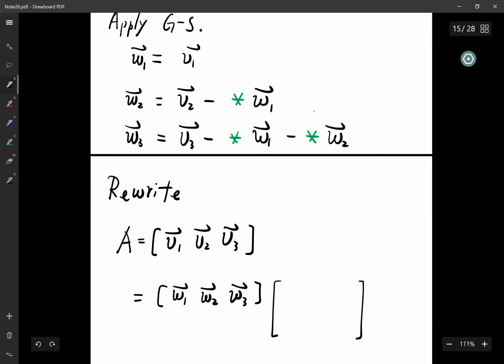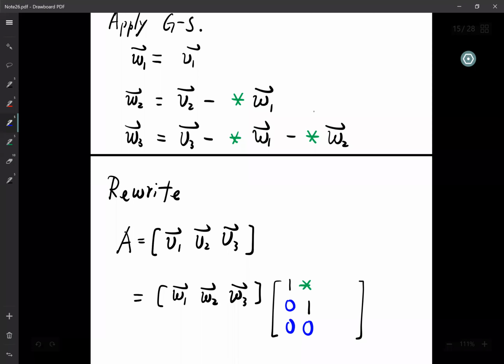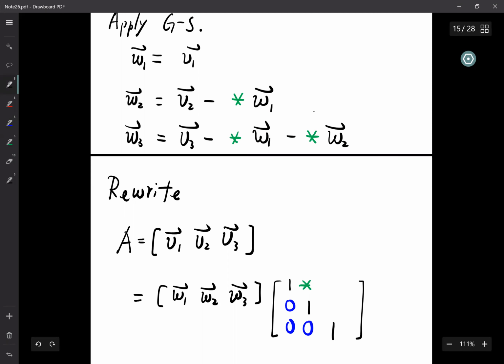The pattern is as follows. V1 is just equal to W1. Therefore, these two are 0. V2 equals 1 times W2 plus star times W1. I don't care what this number is, but it doesn't depend on W3. Therefore, this is 0. Similarly, for V3, I put a 1 here, and I have a star and a star.